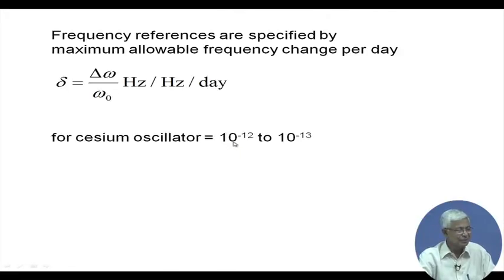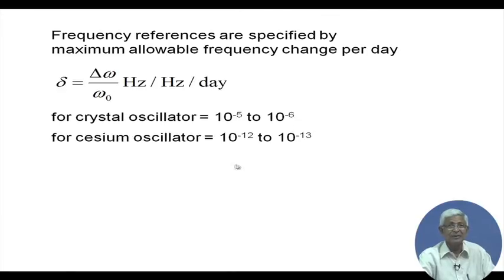That is 10 to the power minus 12 to 10 to the minus 13. This is the order. Whereas our ordinary crystal oscillator is 10 to the minus 6 to 10 to the minus 5, depending on whether it is oven controlled or ordinary. It may be slightly poorer than that. There is a range of changes that is seen in frequency references.